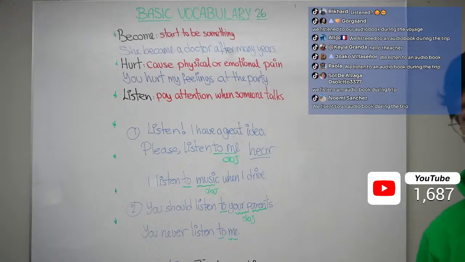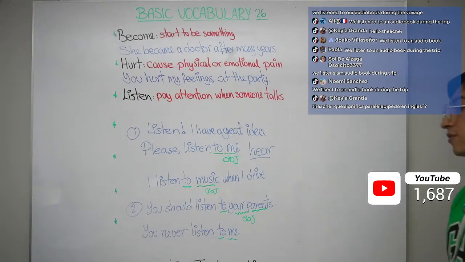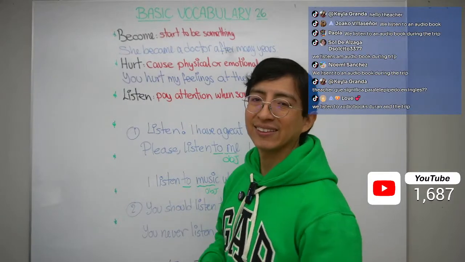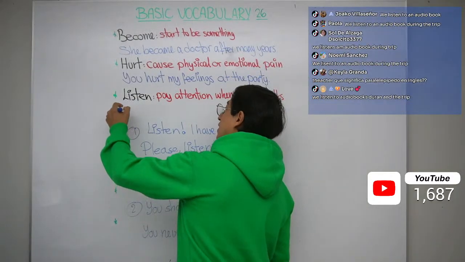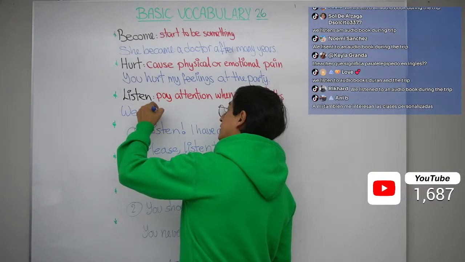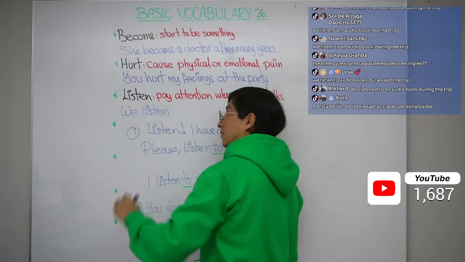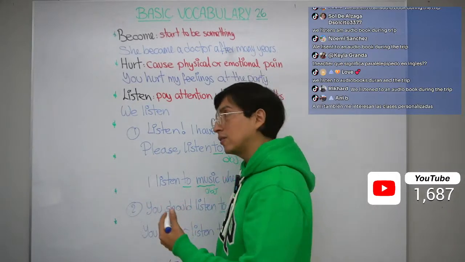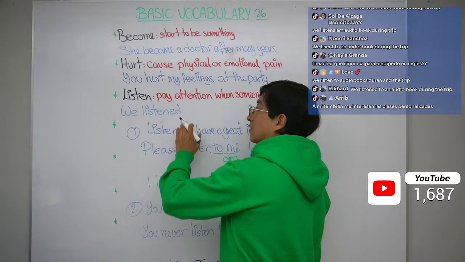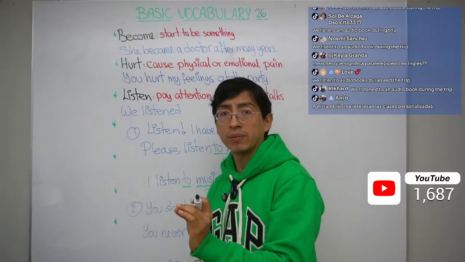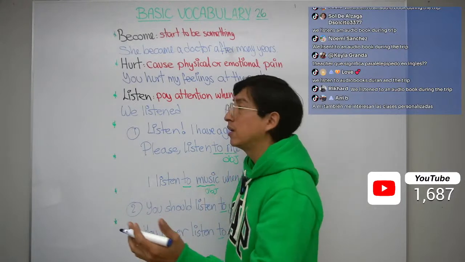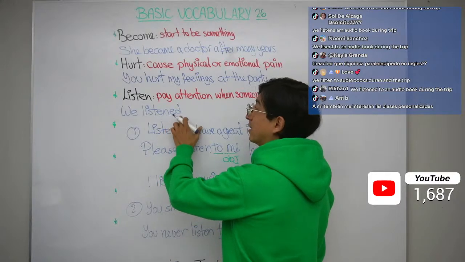Kayla, hello. Great. We listened to an audiobook. Okay, let's write it down, guys. We listen. This is listen, okay, guys? Listen is a regular verb. So if we want to use the simple past form, we add an ed here.